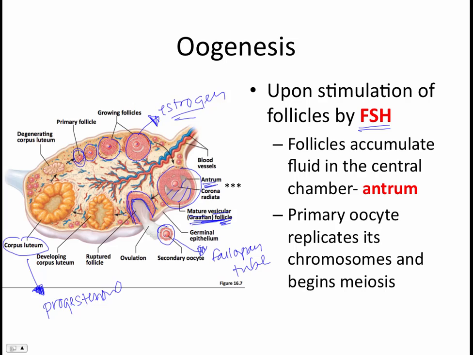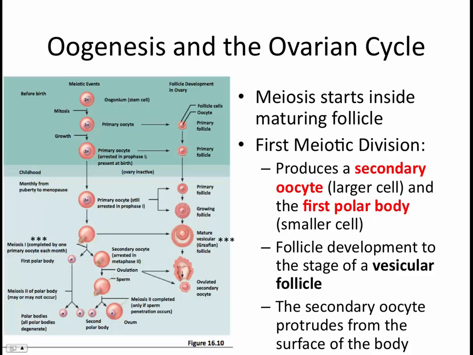Now, at the same time, as this primary follicle grows and matures, it's also going to begin the process of meiosis. Here we have this primary oocyte. It's arrested in prophase 1, so the prophase 1 of that cell cycle.